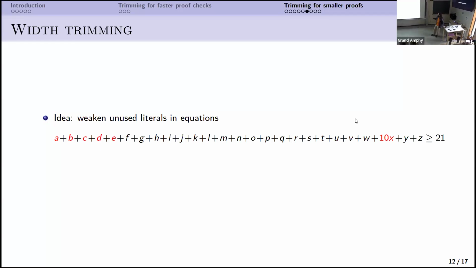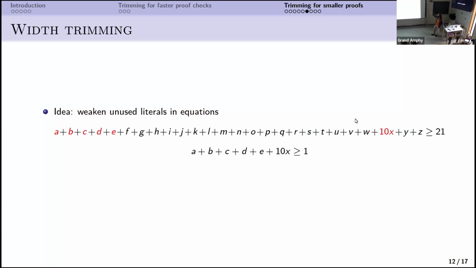And if in my entire proof I never use the other variables, then I can weaken all of them. Let's say F is 1, G is 1, H is 1, and so on, and replace that constraint by this one, which does exactly the same propagation I need for my proof, but it's smaller, so we gain some space and maybe some insight on the problem too.